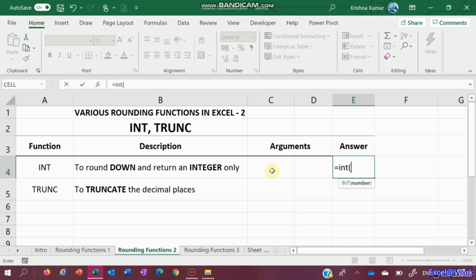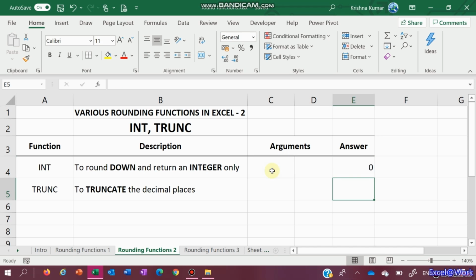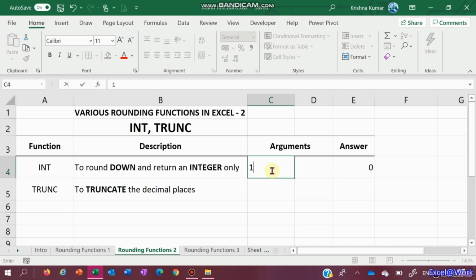Let us say INT of C4 and close the bracket. So here the number is 123.45. The integer portion is 123.